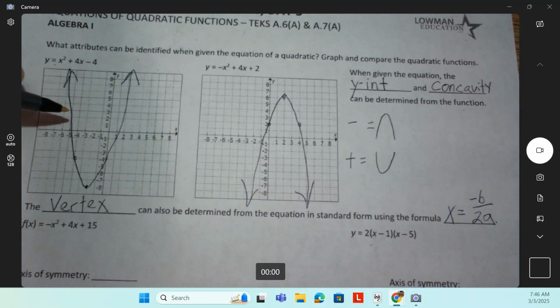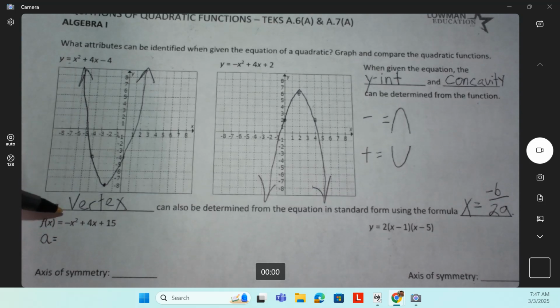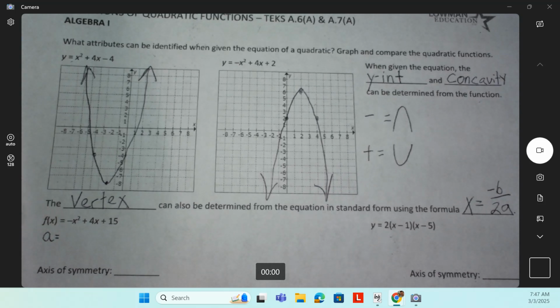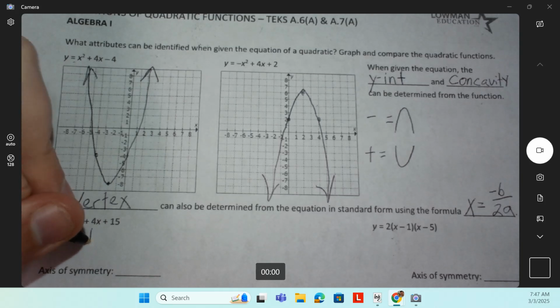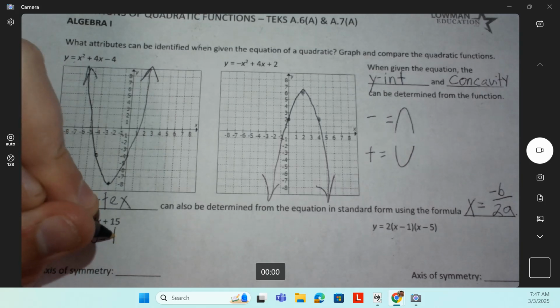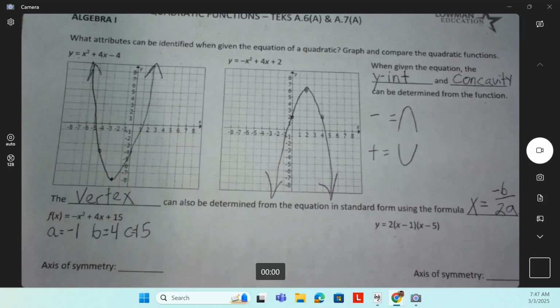So we'll get our a, b, and c values, and we won't use the c value, but a for this, remember, is always the number in front of the x squared, so negative 1. B is a positive 4, and c is 15.